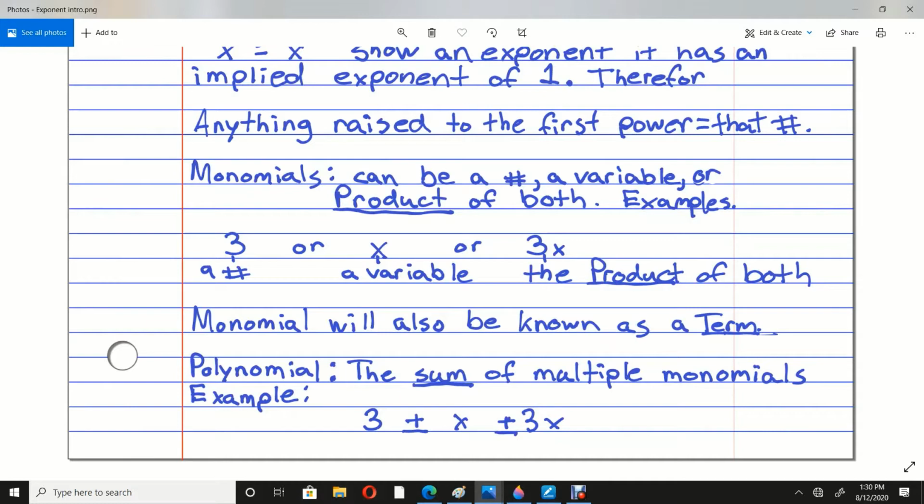So what is sum implying? Sum implies what operation? It implies addition. So you have 3 plus x plus 3x. Very good. Please take your time. Make sure you finish taking all of the notes here, and we'll be right back and we'll talk about the rest.